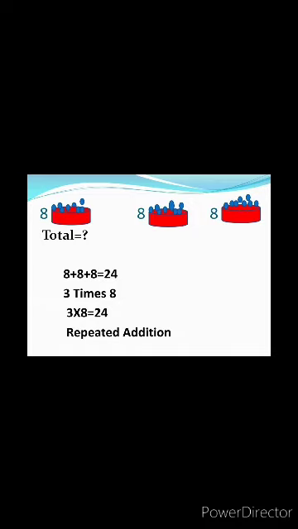We can just multiply the number of containers by the number of balls in each container. There are 8 balls in each container and 3 containers. So 8 multiplied by 3, what will be the product? 24. So this is the repeated addition property.